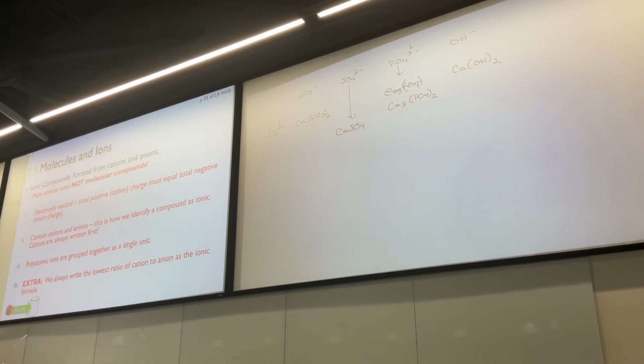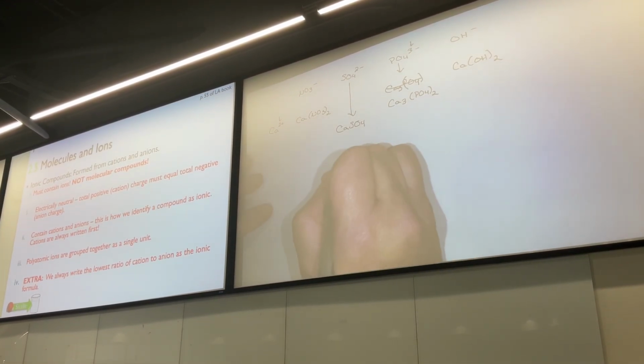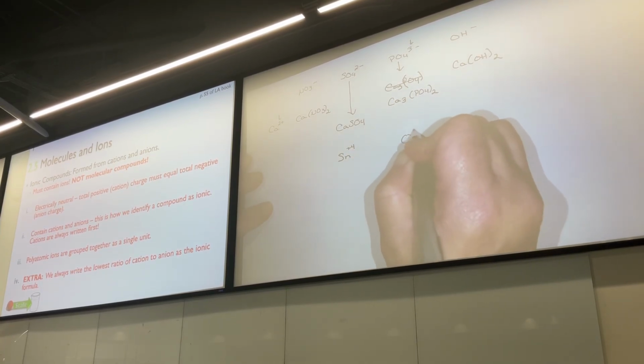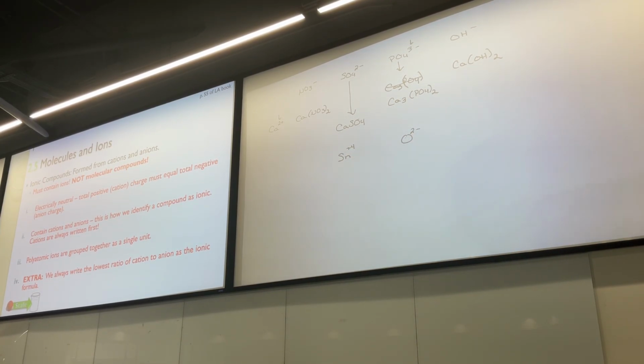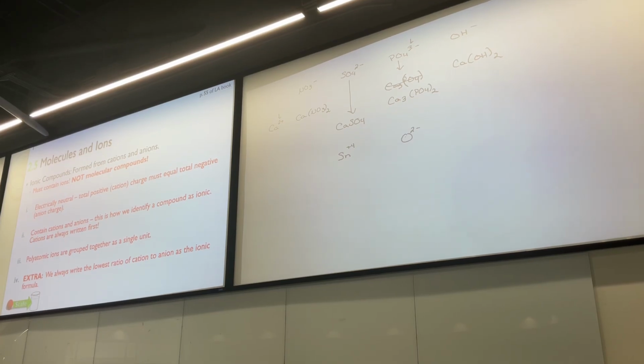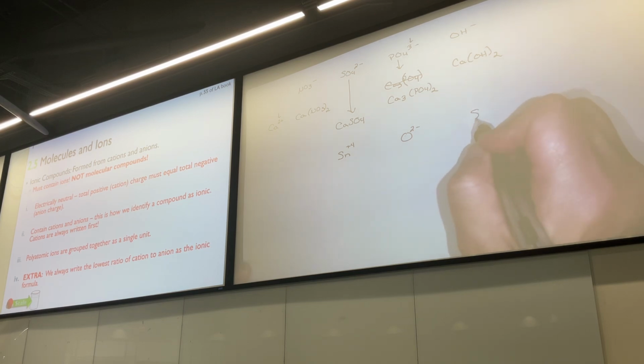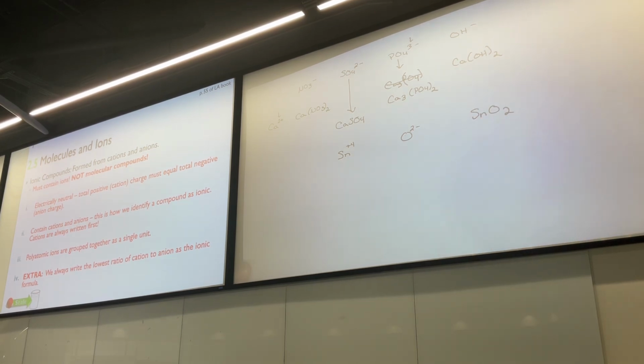Let's combine a tin-4 ion, Sn 4 plus, with oxide, O2 minus. Hopefully, it makes sense that if I want to have a neutral compound in the end, I need 2 oxygens. That would give us the correct answer of SnO2.